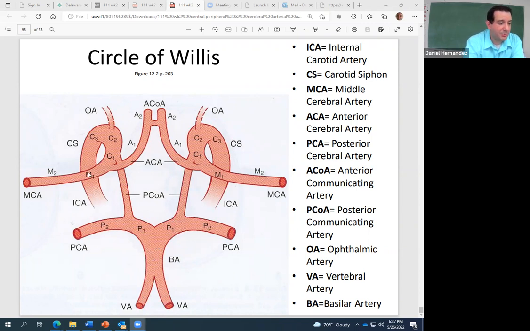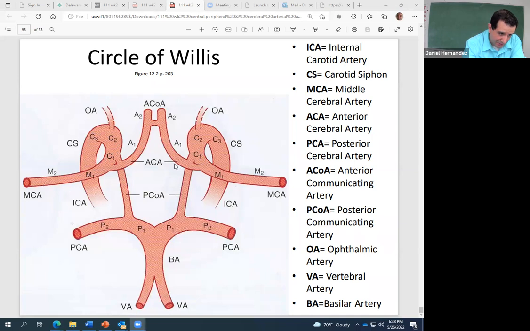So the ICAs will come up and form that carotid siphon as it goes around that curve. And then you get branching into the middle cerebral artery, this MCA, and the anterior cerebral artery. Same thing on this side: ICA comes up, goes around the turn. This is that carotid siphon.